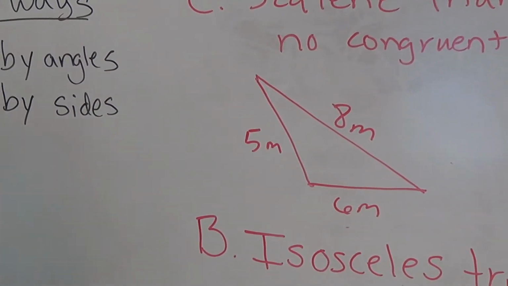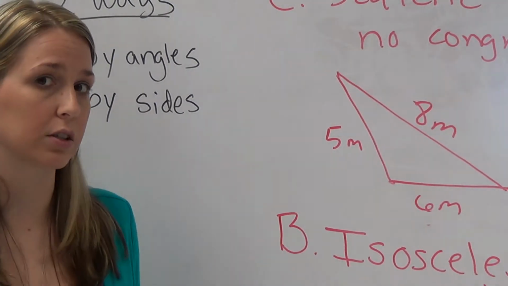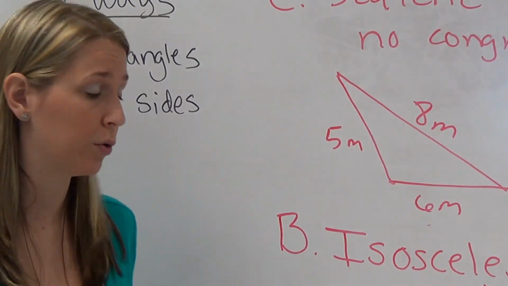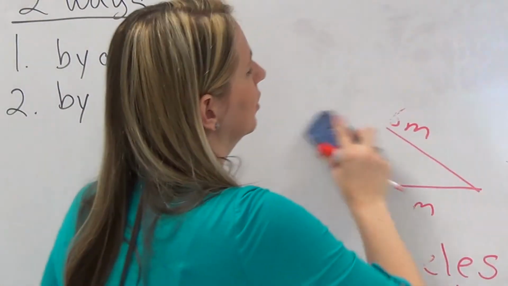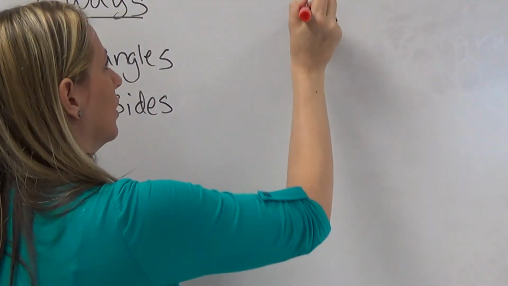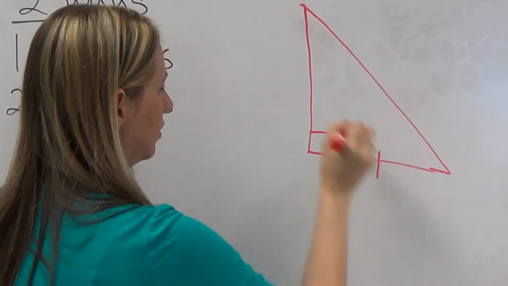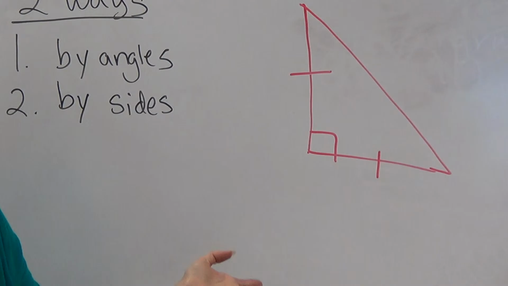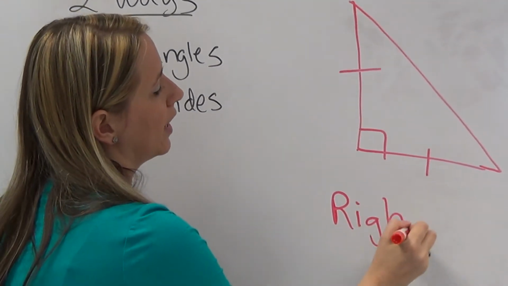And when you classify triangles, you can classify them both ways. So one triangle doesn't have to be just isosceles or just a right triangle. It can be both. Let me give you an example. If you look at this triangle, if you classify by angles, it's obviously right because it has one right angle.